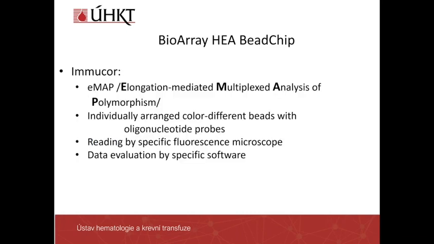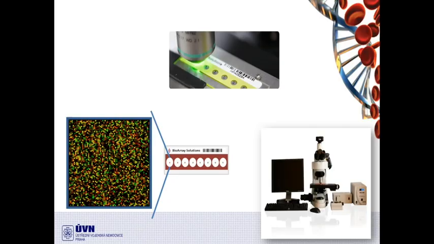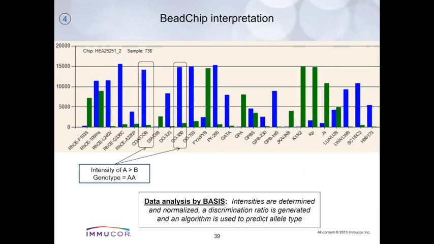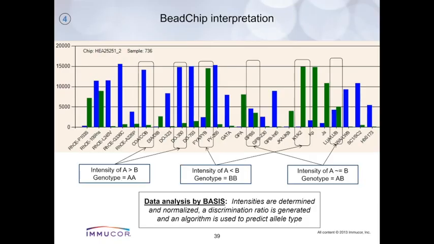Then the bioarray bead chip is based on elongation multiplex analysis of polymorphism, using also colored beads with nucleotide probes, and the reading in this test is by fluorescent microscope and evaluation by specific software.